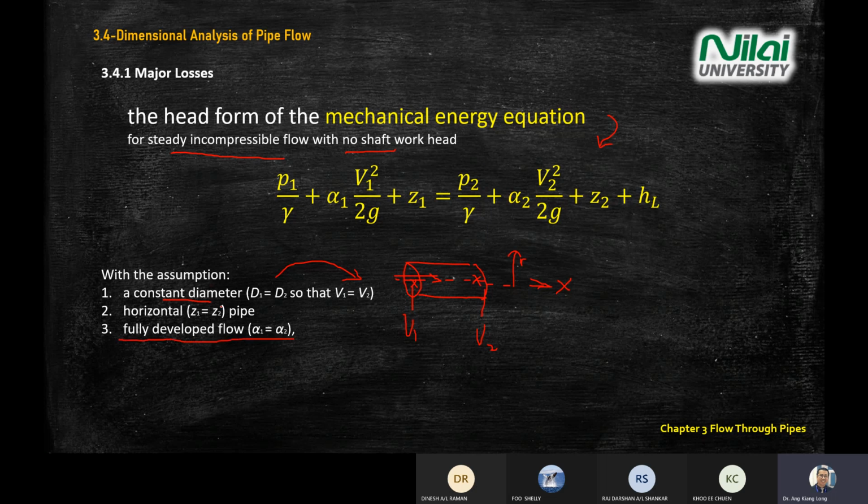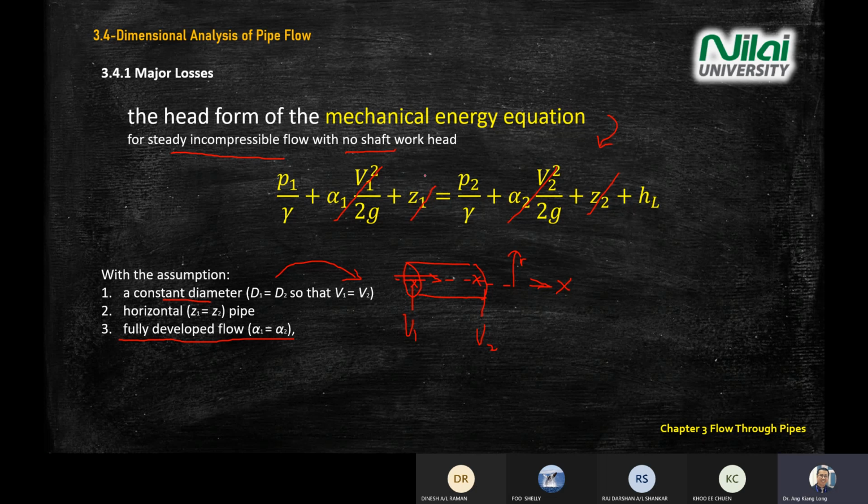So by looking at these three assumptions, cancel Z1, because Z1 equals Z2. You move Z2 to the left hand side or move Z1 to the right hand side, and they cancel each other. Then because alpha 1 equals alpha 2, V1 equals V2, you can cancel this one.